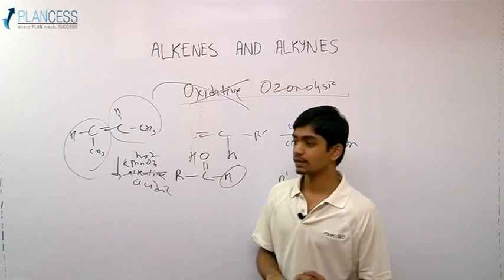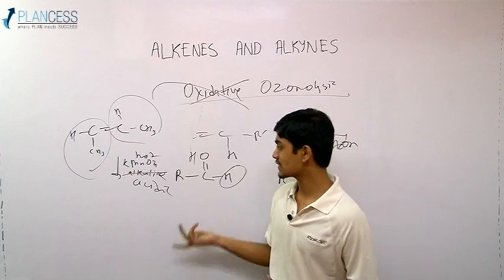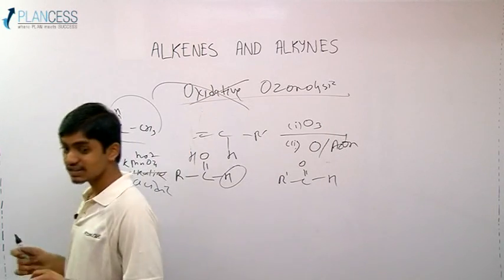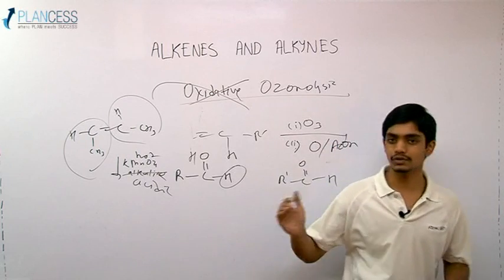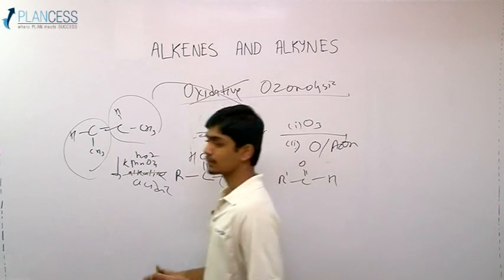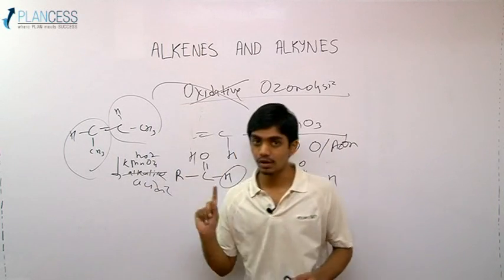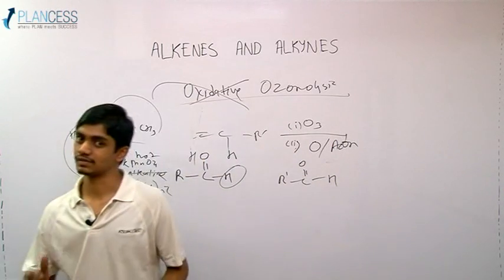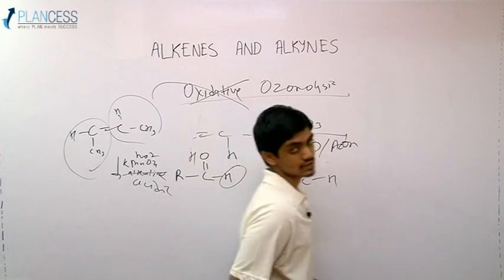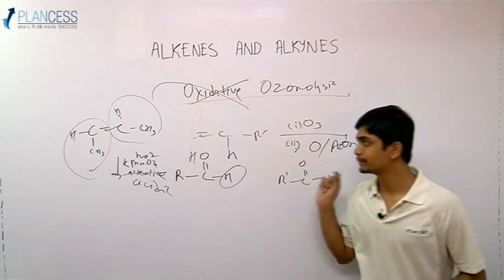Only in acidic and basic medium do we get the differences: in basic medium KMnO4 will oxidize to a very small extent and will just convert to aldehydes or ketones. But if it is acidic and hot, then we will get ketones or carboxylic acids. To the maximum level it will oxidize; it is a very, very strong oxidizing agent.